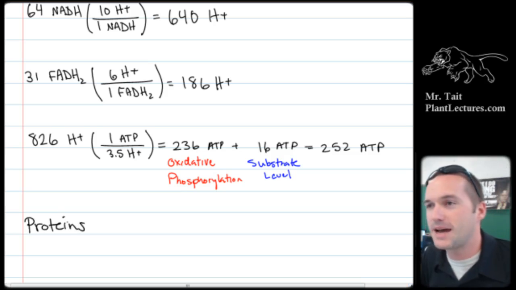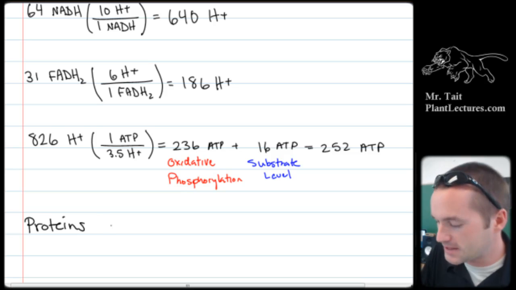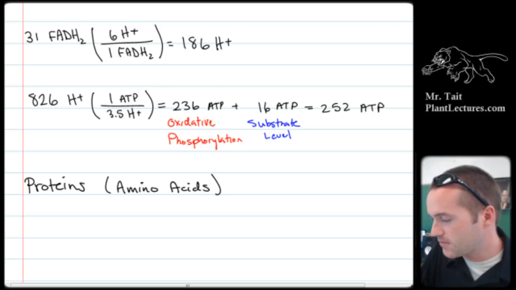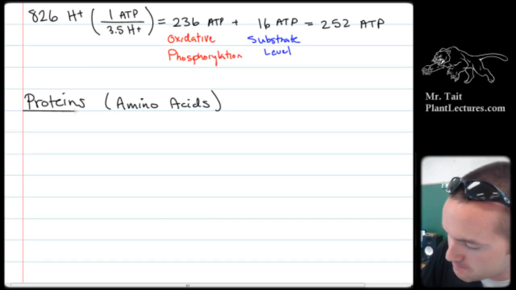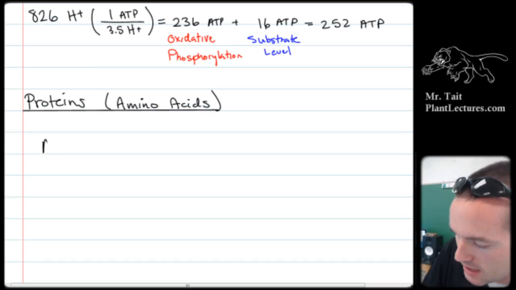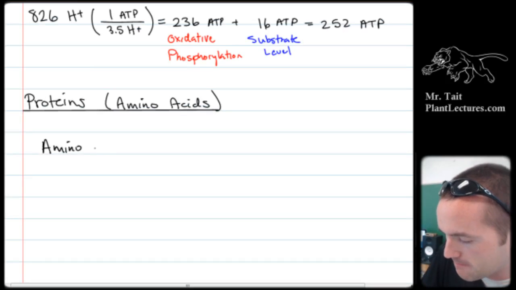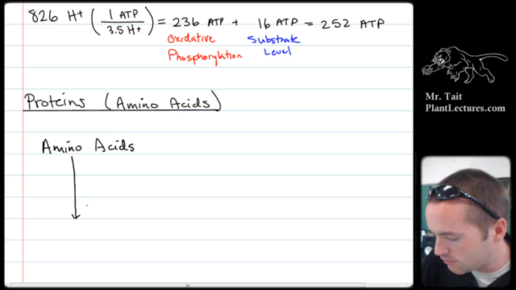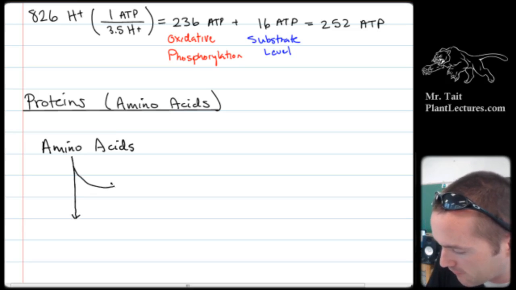Your body can't metabolize proteins. It's got to break them down first. What do proteins break down into? Amino acids. Okay? So amino acids are going to be metabolized in a bunch of different ways. You start out with amino acids. The first thing that happens is they have to get their amine group broken off.